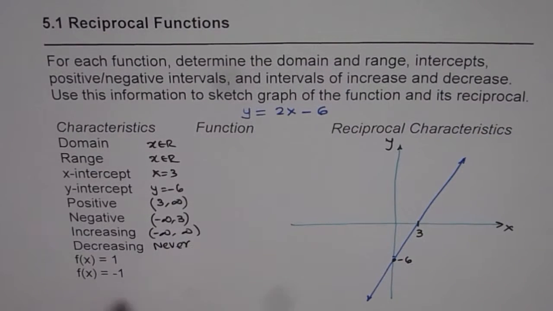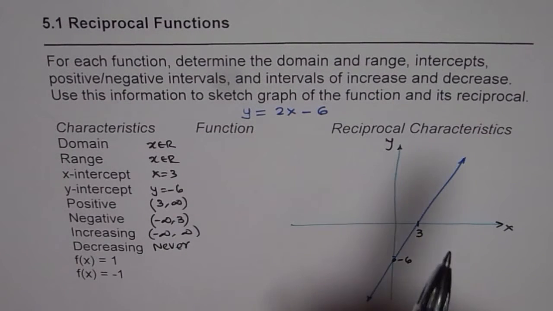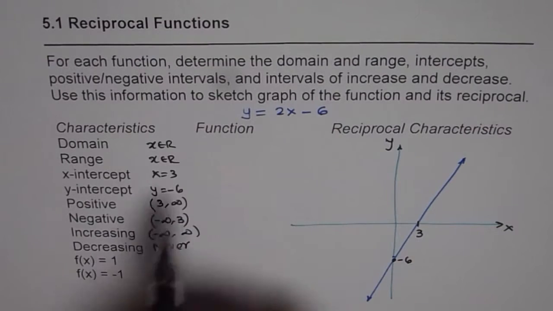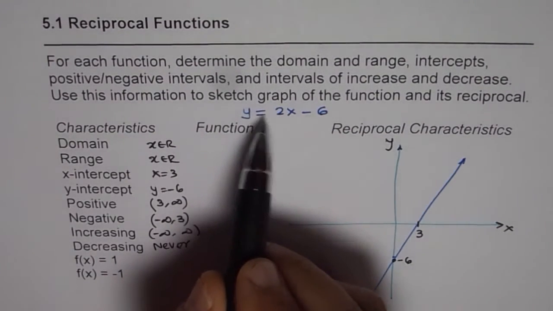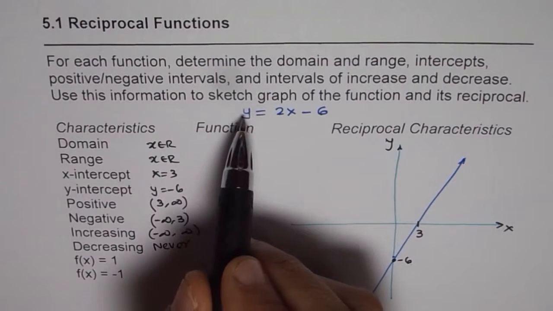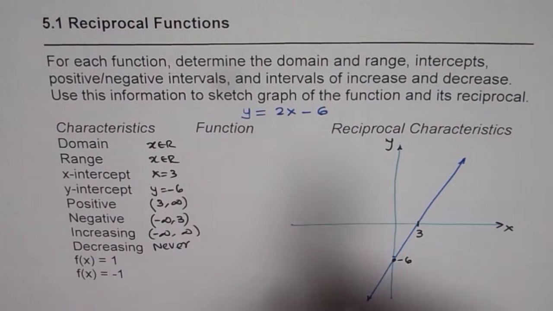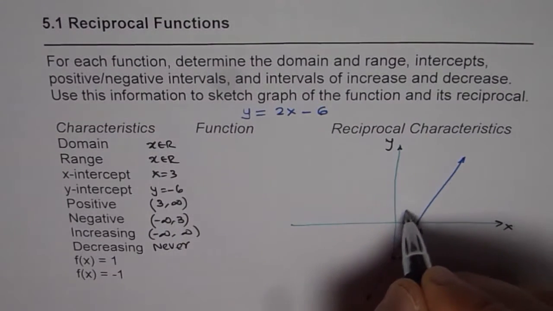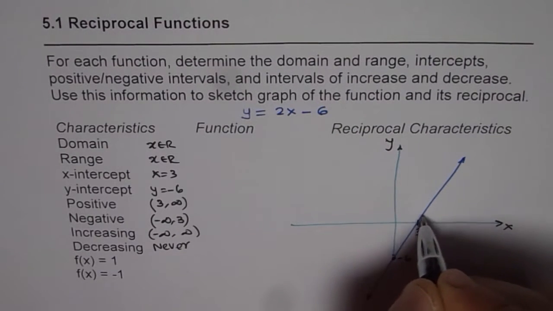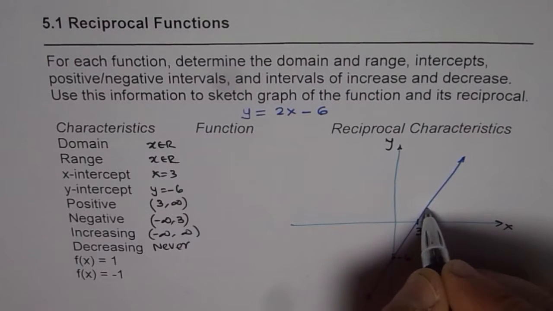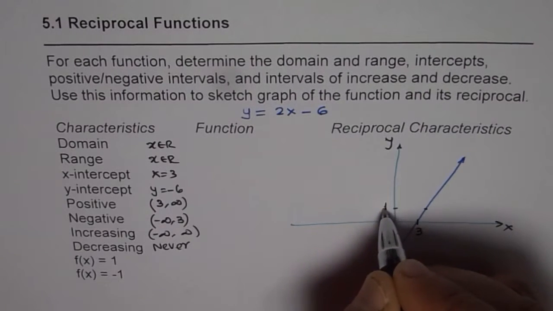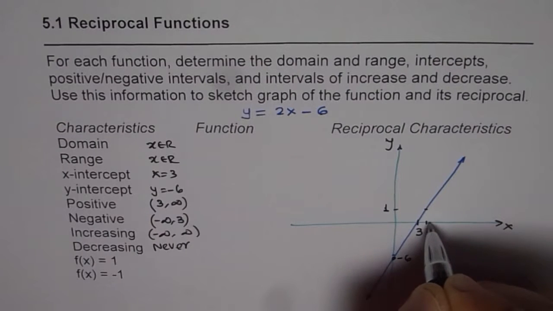It is never decreasing. And for me, the important points are, when is it 1 or minus 1, correct? Now, if I write f as 1, then the value should be 1 plus 6 is 7, and 7 divided by 2 is 3.5. So it is 1 at 3.5. Let's say this point is where it is 1, and here we have this point as, let me write, 3.5 here, okay?